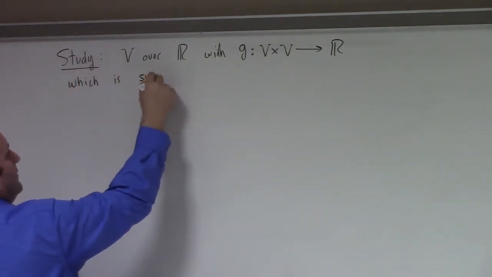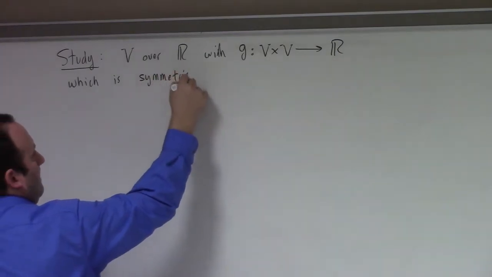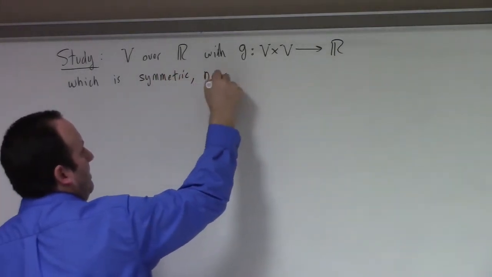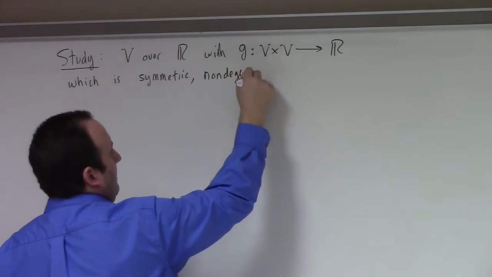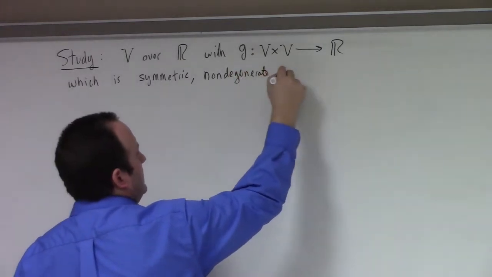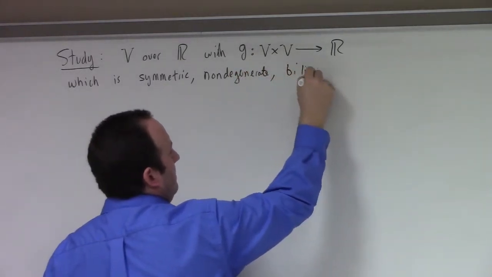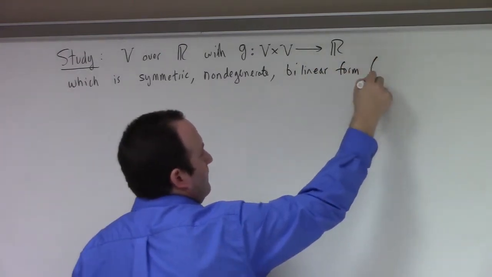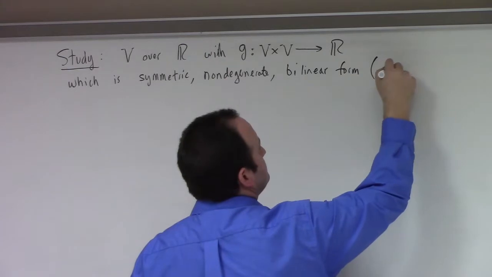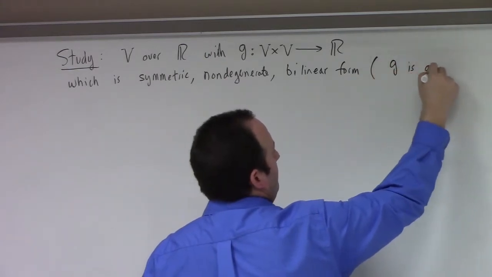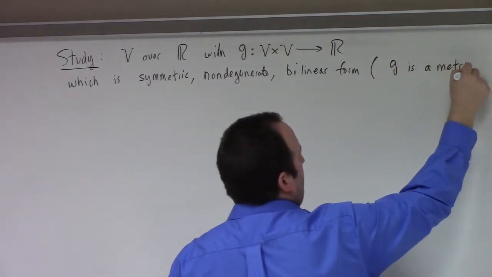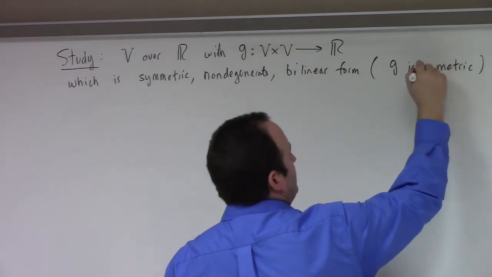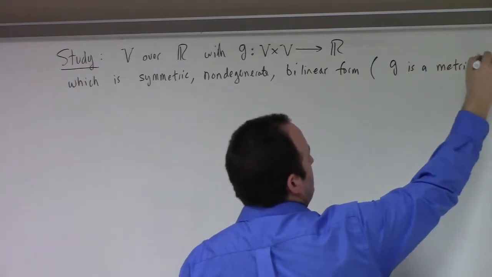Symmetric, non-degenerate, a symmetric, non-degenerate, bilinear form, AKA a metric. Or if you read Rentlen, an inner product. All right.